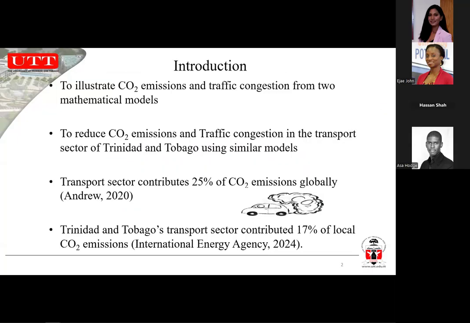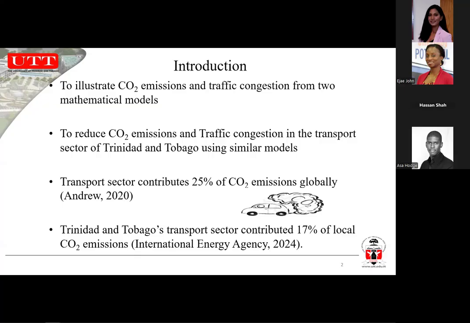So we know that traffic congestion affects all of us negatively as it lengthens our travel time and produces excess carbon dioxide emissions. And I'm certain most of you were stuck in traffic heading home to see this very presentation.